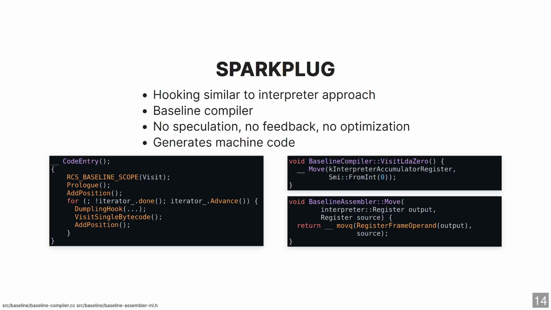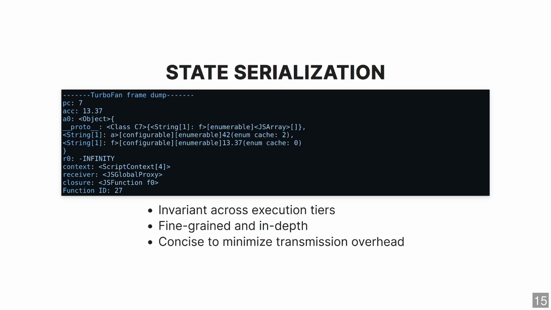So Sparkplug we can treat very similar to the interpreter in terms of inserting our hook during code gen, and then also doing the dumping basically the same way we did in the interpreter. Okay, and by the way, Maglev is pretty much the same as Turbofan. We end up using basically the same code for it.